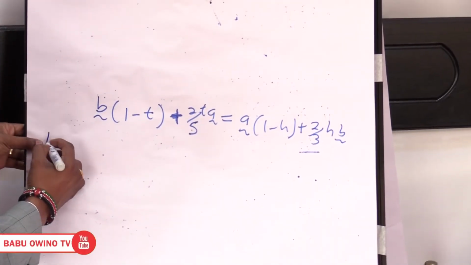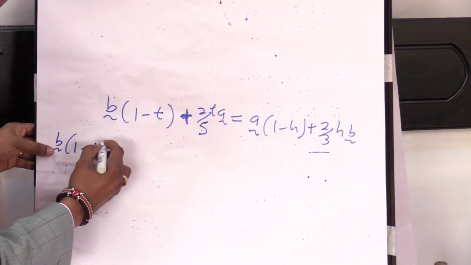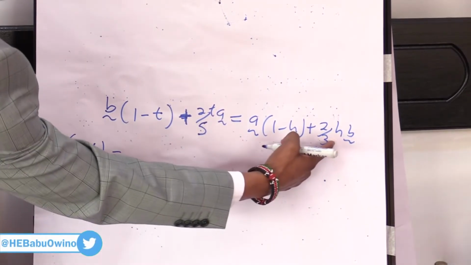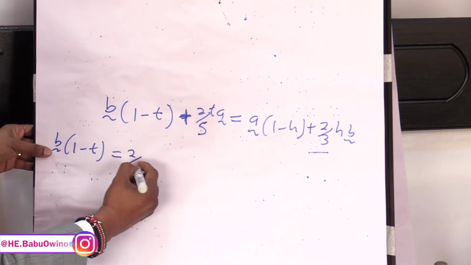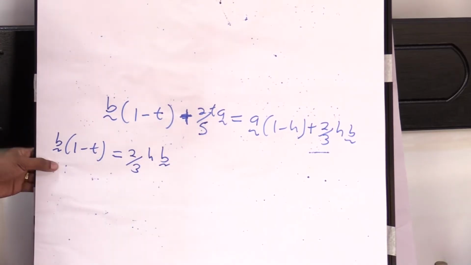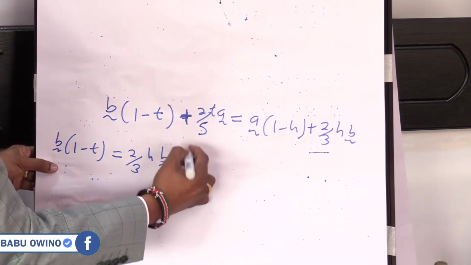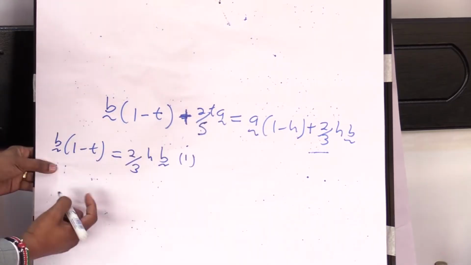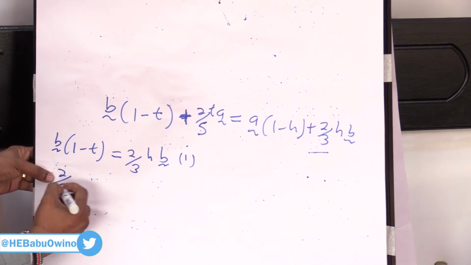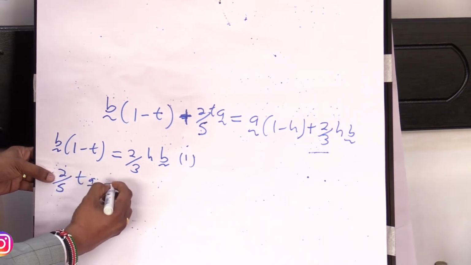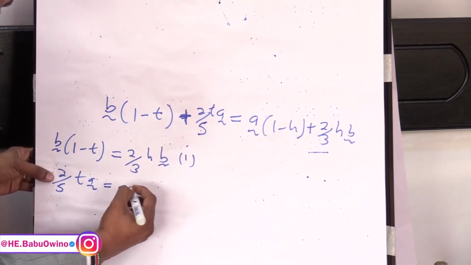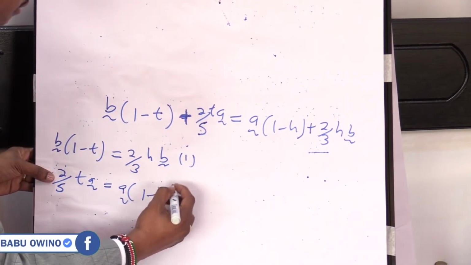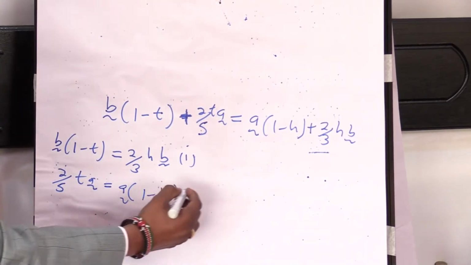So you say B into 1 minus T equals the value of B here, which is 2 over 3 H of B. This is one equation. The next equation: the value of A here, which is 2 over 5 of TA, equals A into 1 minus H. This is another equation.